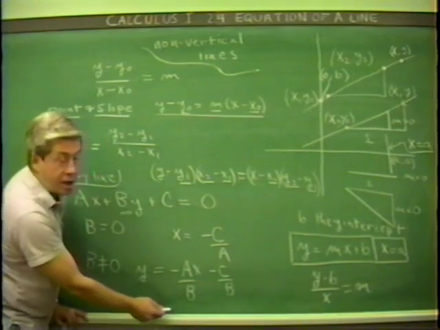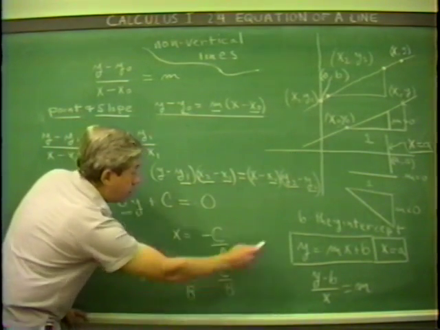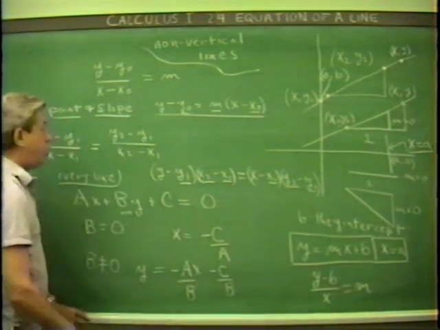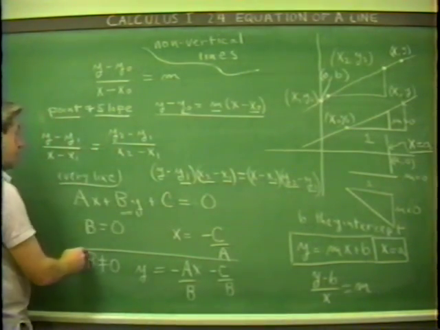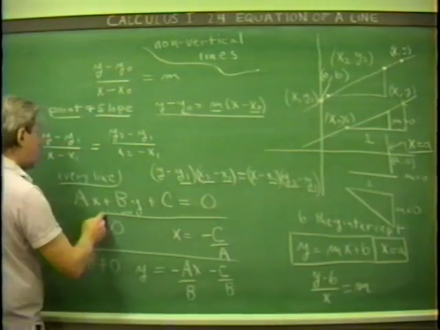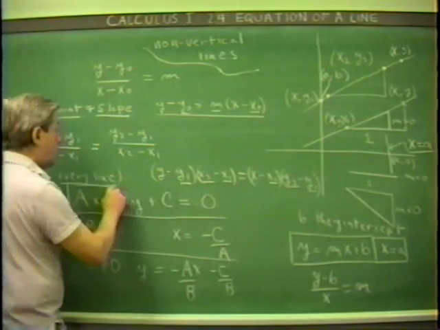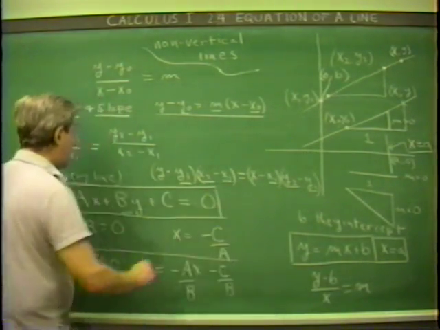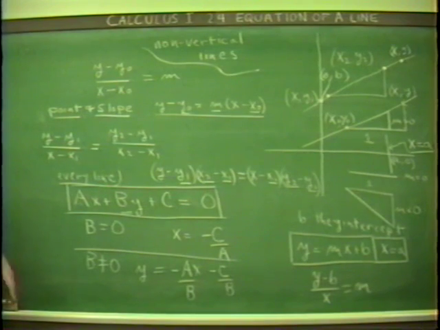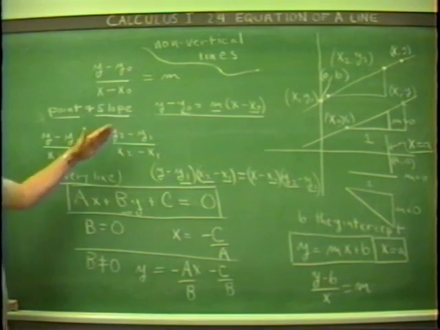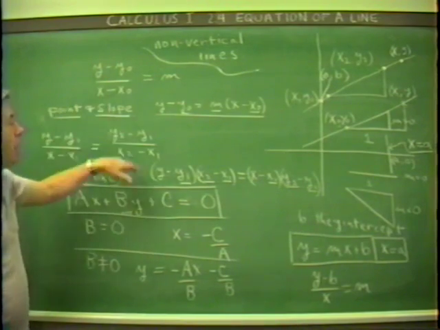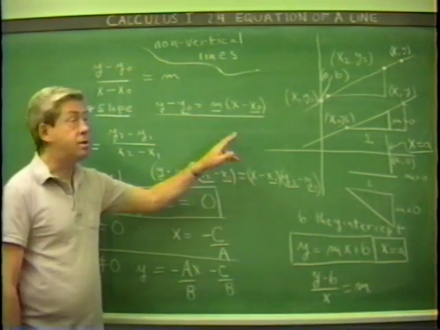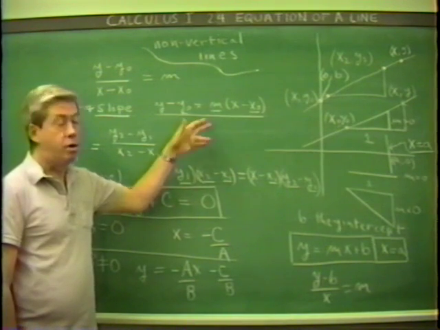The m is minus a over b. The little b is minus c over b. So it's clear that these are the two possible types of lines, and that this equation right here is the general equation for a line. For other cases, it's a good idea to be able to do this type of thing, but I certainly wouldn't memorize a formula that looks like this or this in order to be able to do it.